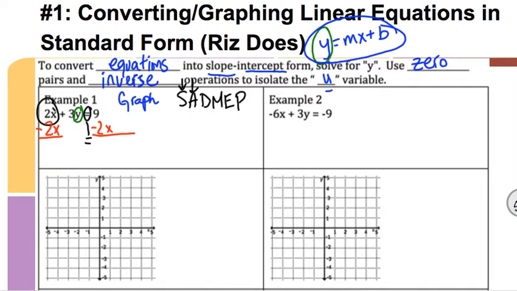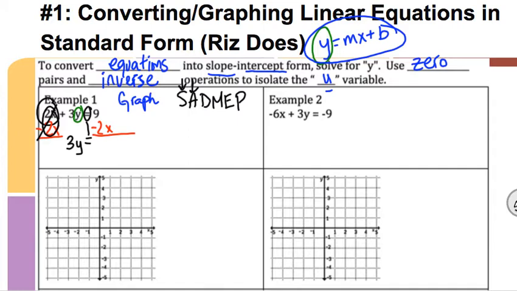So this makes a zero pair. And now I'm left with 3y equals, and this is super important here. This is a giant mistake that a lot of people make. A lot of people say, well, 9 minus 2x, that's just going to be 7x. That is incorrect. These are not like terms, so you need to keep the x's separate from non-x's.